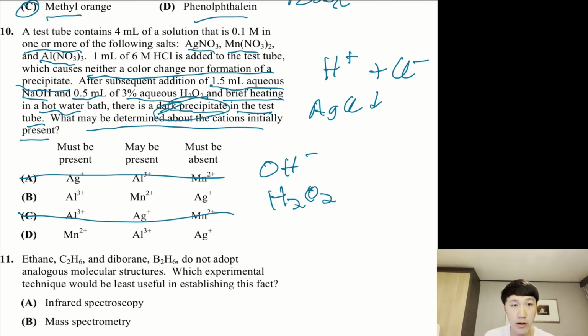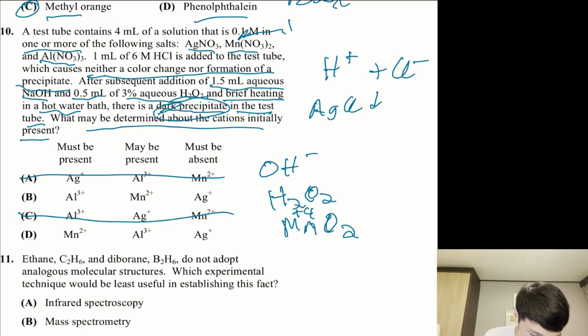If you know the common oxidation states for manganese, you may know that MnO2 is a common precipitate in basic solution. The reason why we need the oxidizing agent is because manganese is in the +4 oxidation state in MnO2, but when we added it, it's only +2.